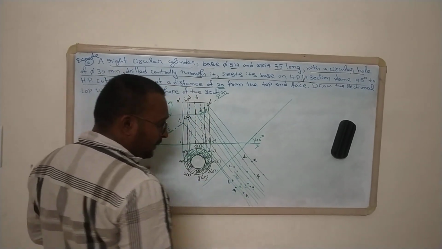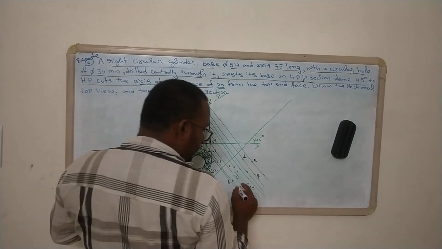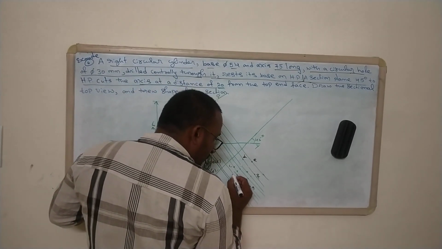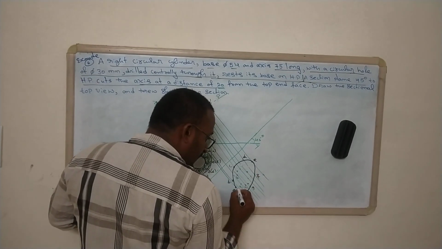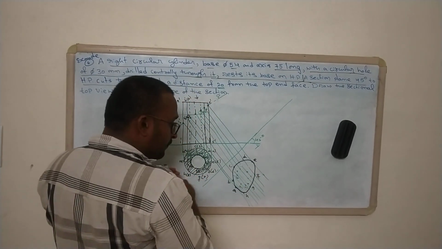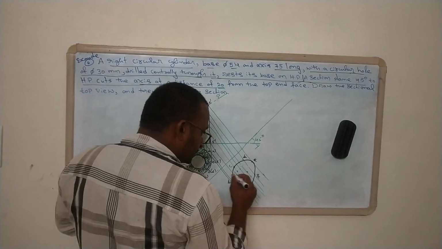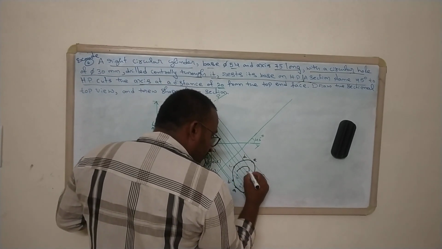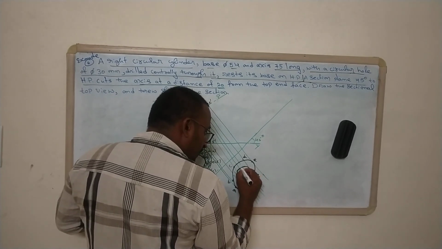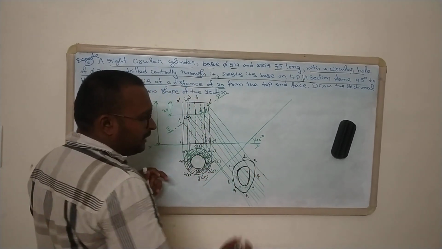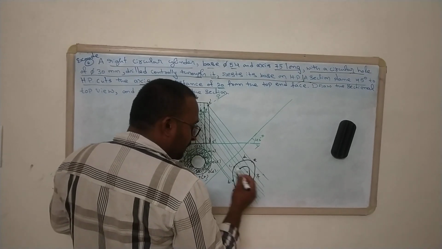Then we need to combine all of them. The outermost circle becomes an elliptical shape, and then the inner circle. Then you will have two elliptical surfaces.